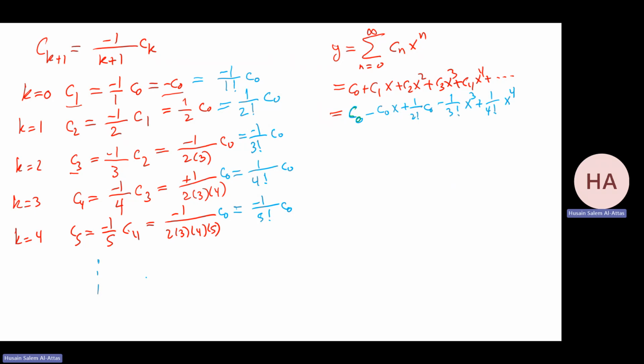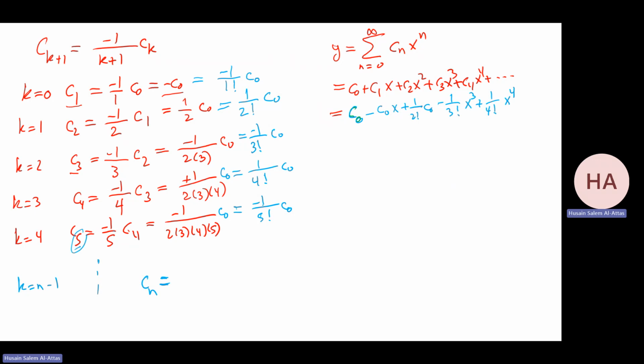By the way, if we want to find Cn, which will happen at k equal n minus 1, you can see it. I have C5 is -1 over 5 factorial C0. So it is coming minus, plus, minus, plus, minus.